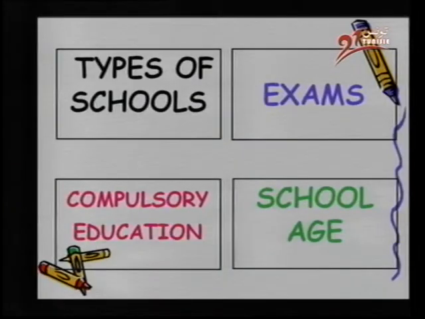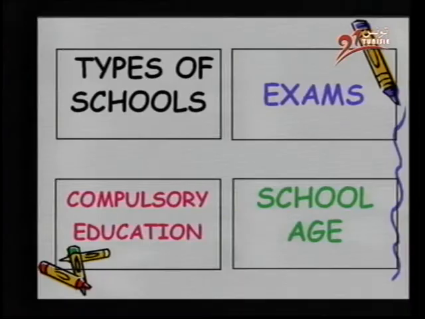Compulsory education. What is compulsory education? What does this concept mean? It means that the students have to stay at school until a certain age. They aren't free to leave school whenever they like.